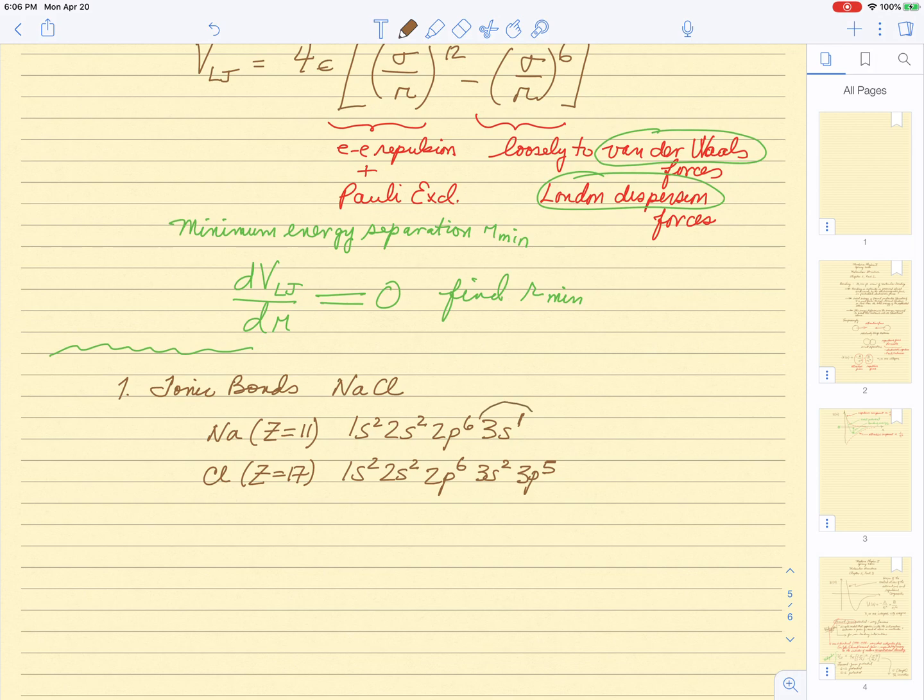This electron clearly is in an outer shell, and it is somewhat easily lost. Likewise, this set of orbitals is almost filled. So one more electron in here, and we would have a completely filled 3p level.